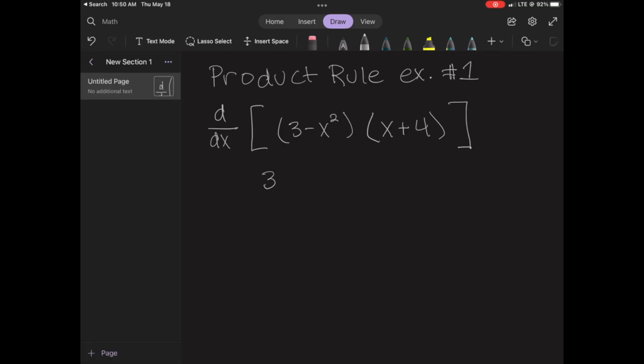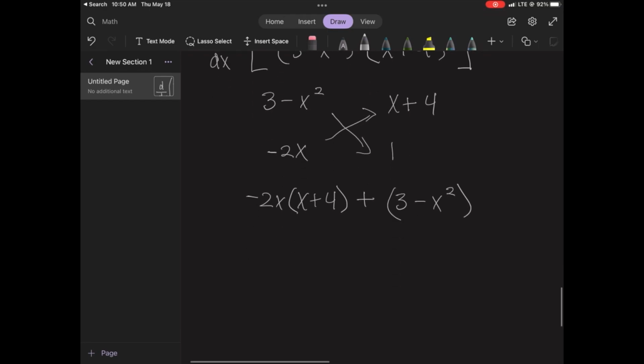This will give you the derivative of your function that you're trying to find using the product rule. Okay, so here we have the first example of the product rule, which is we have the equation 3 minus x squared times x plus 4, and you're going to take the derivative of each and then multiply across like so. So we have negative 2x times x plus 4, and then we're going to add that to 3 minus x squared times 1.